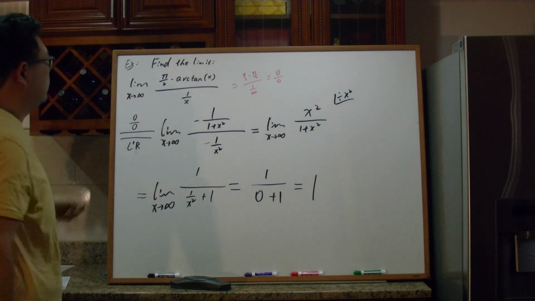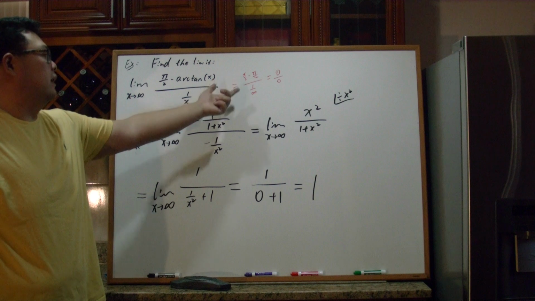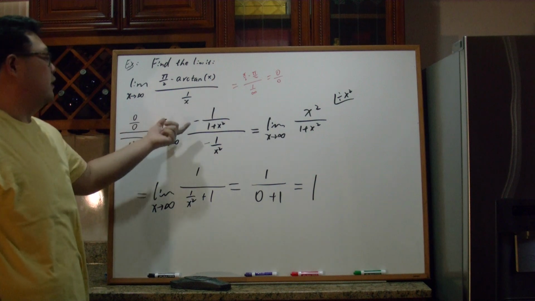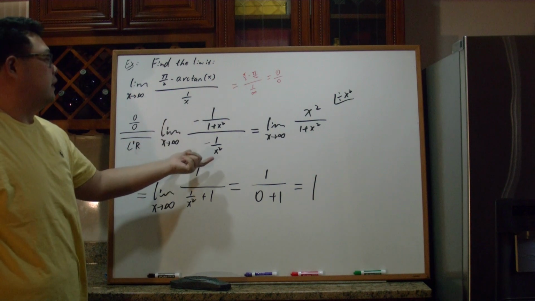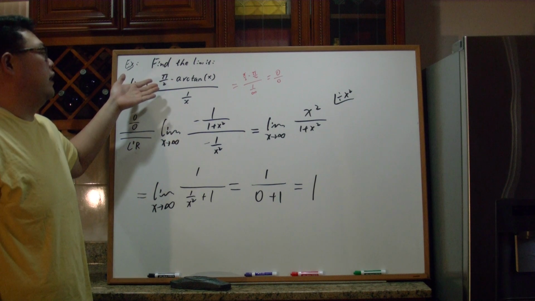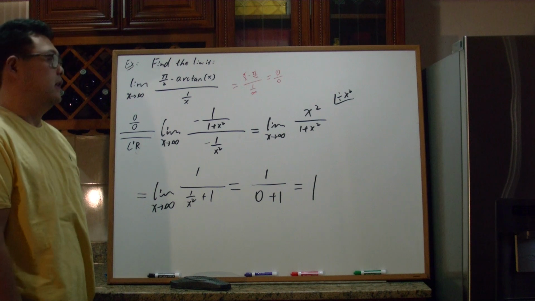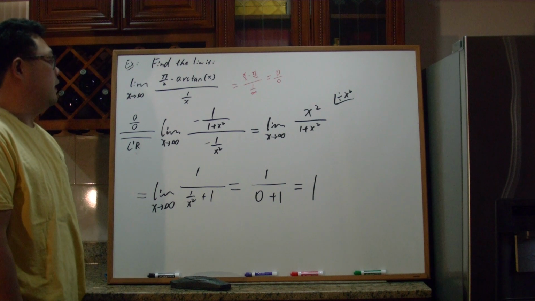So for this format, even though it's indeterminate, we're able to apply L'Hopital's rule to make the function doable. Otherwise, with the usual simplification, we would not be able to deal with this type of question.